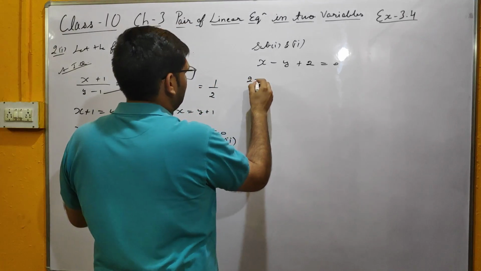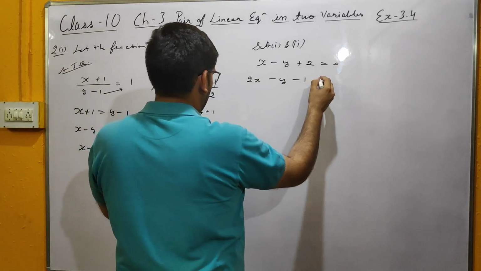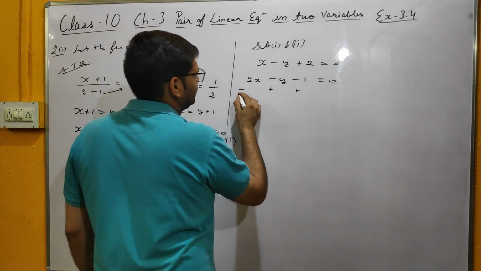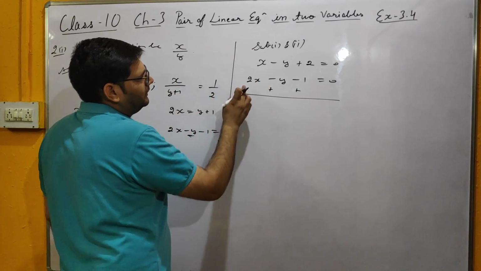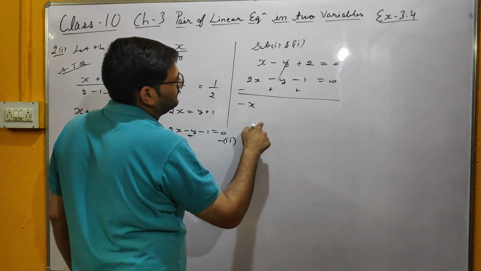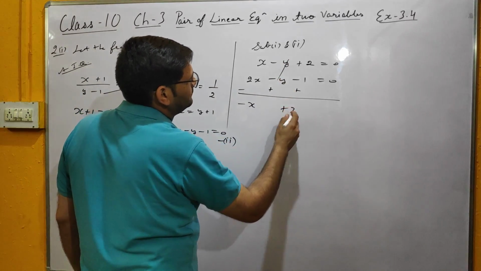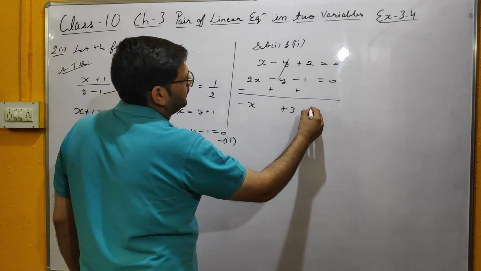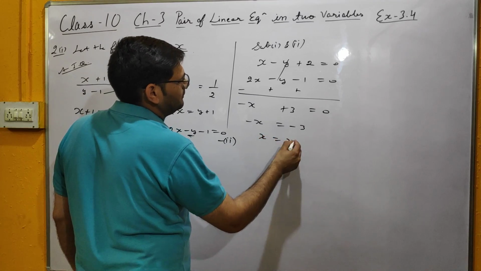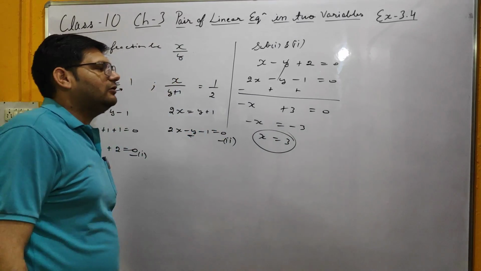And then 2x minus y minus 1 equals to 0. We will subtract them. Let's see what we will get. Here it will be minus x. This is cancelled. Then plus 3. Alright. Equals to 0. So minus x equals to minus 3, or you can say x equals to 3. So now we have the value of x.